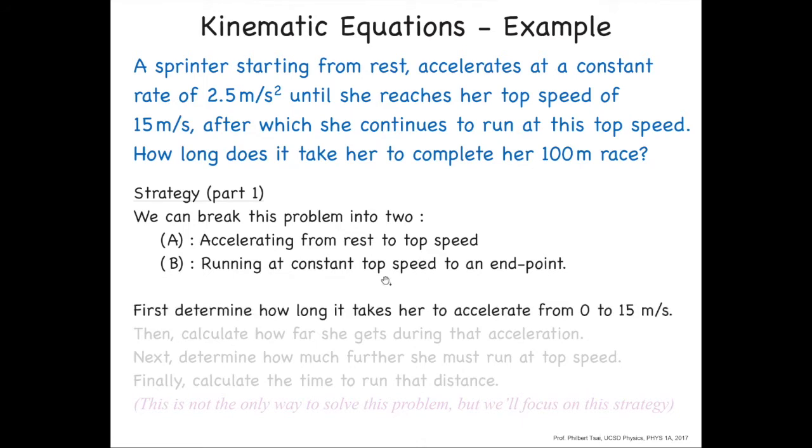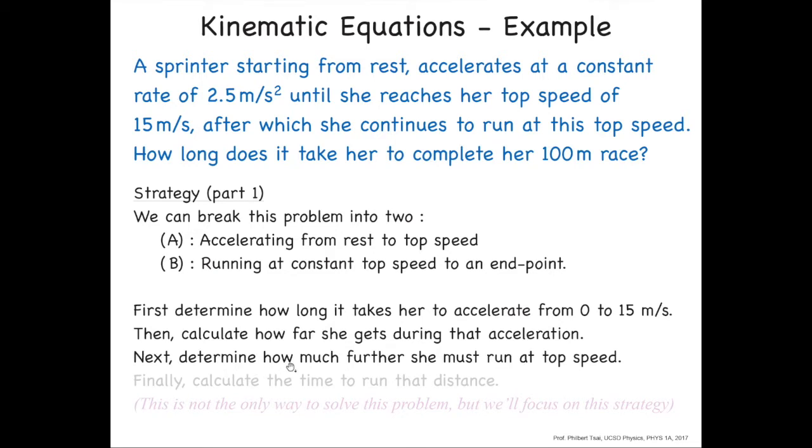So what we're trying to do is calculate time. We want to calculate how long it takes her to accelerate from 0 to 15. That'll give us the first time period. And then we need the second time period. But in order to get that, we need to calculate how far she gets during that acceleration period so that we know how much of the race there is left to run.